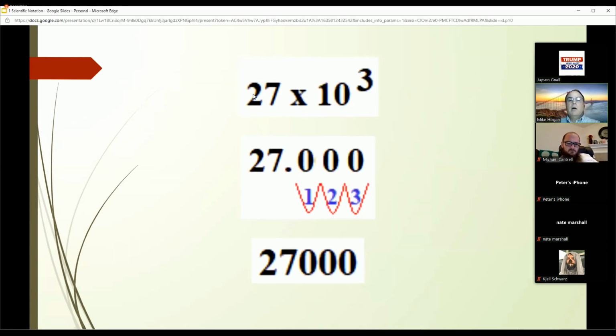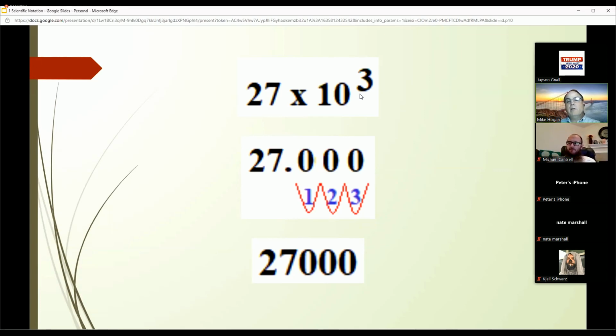Here, I'm given a number 27 times 10 to the 3rd. Notice this is a little bit different because I don't have a decimal in between the 2 and the 7. It's actually here. It's important that I know where the decimal is, 27. We don't typically write decimals down with whole numbers, but we understand that it's right there. And so I'm going to move it 3 places.